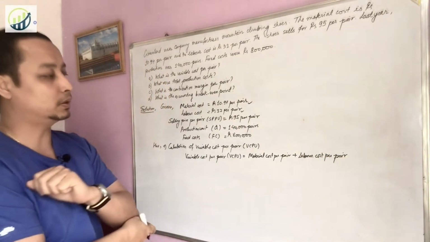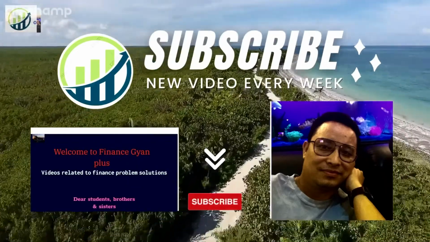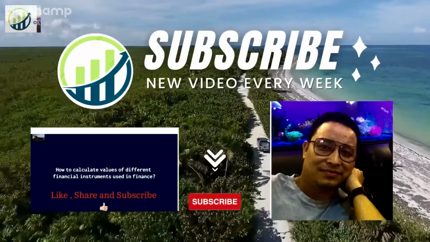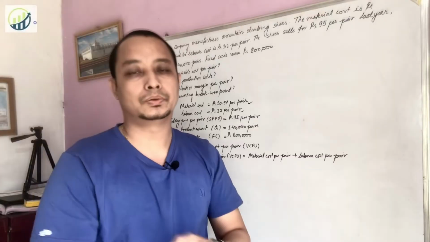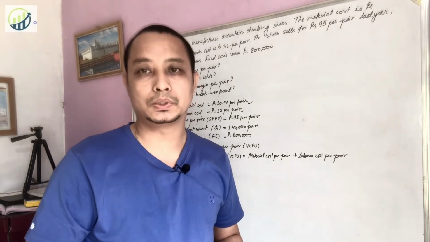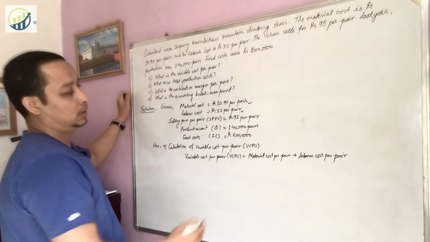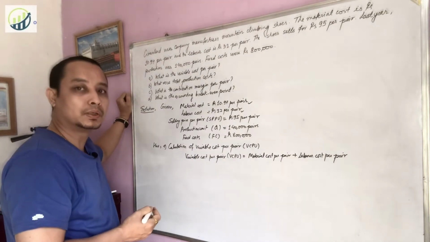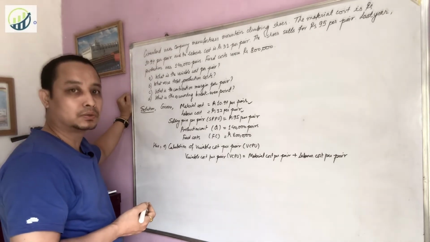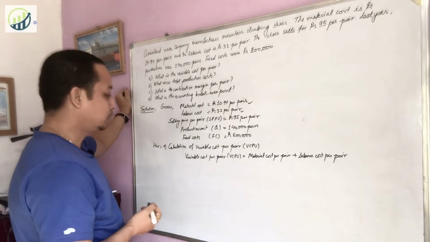So material cost, labor cost, this value changes according to the unit of production. As the variable cost you have to find those costs which change with the unit production. Okay, so here material cost and labor cost are given. If overhead costs are given, if electricity costs are given, other administrative costs are also given, which change according to the unit of production, such costs should be added in variable cost per unit.